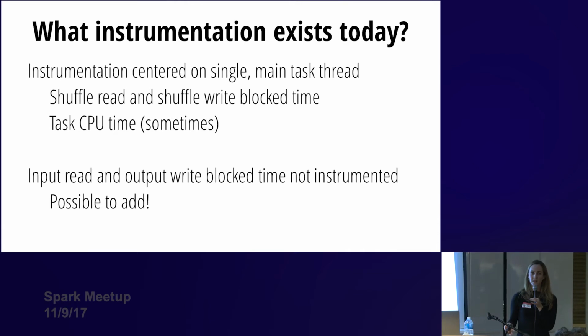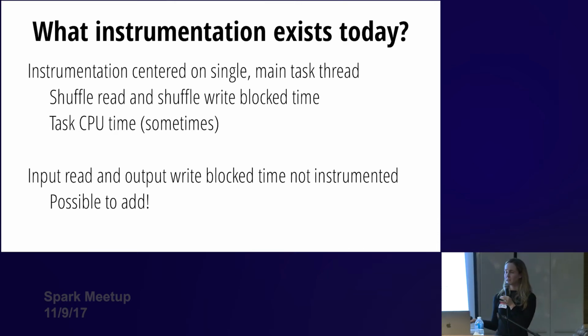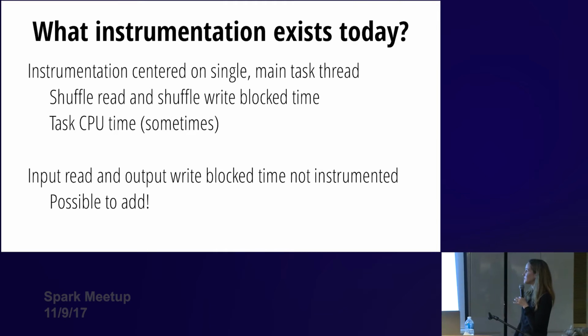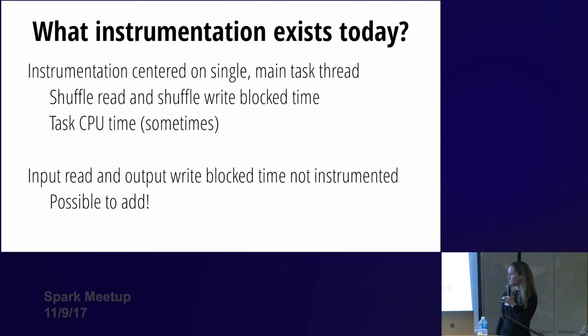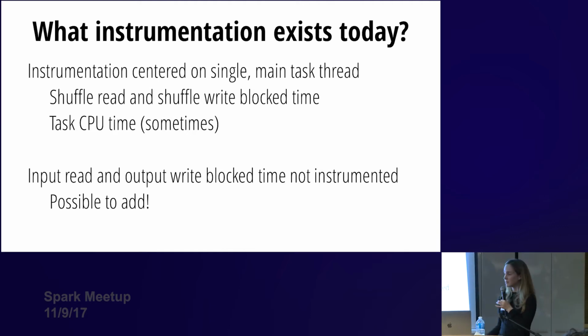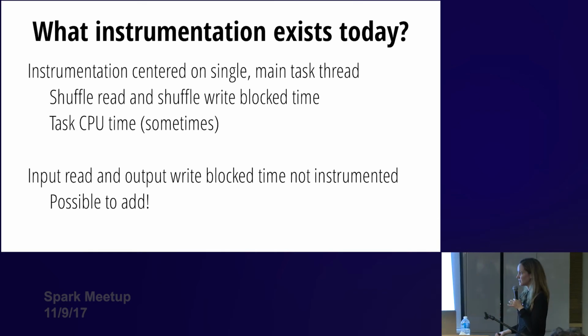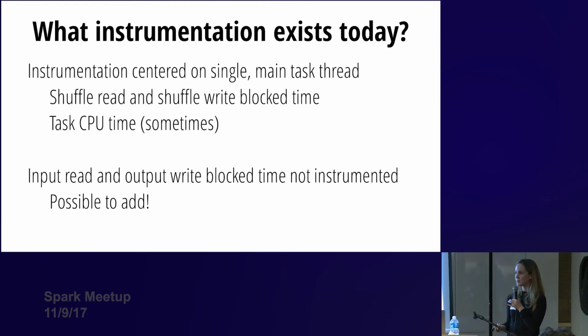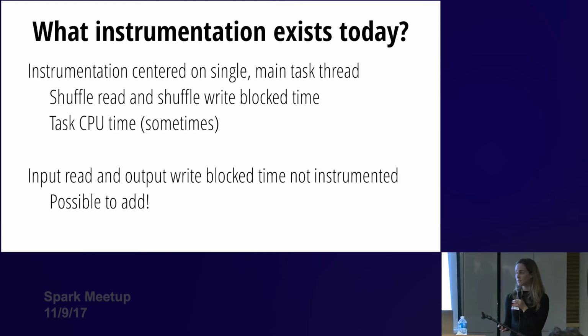Unfortunately, this depends on which JVM you're using, so it'll show 0 if it's not accurate. So you'll know. Now the bad part of this is that the input read and the output write times are not instrumented. When we did a bunch of measurement to understand what makes Spark workloads slow, this was one of the most common causes of slow tasks or straggler tasks: it's taking a long time to read or write data, especially if the data is stored on disk.